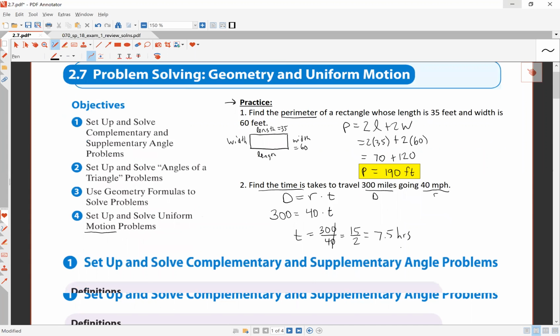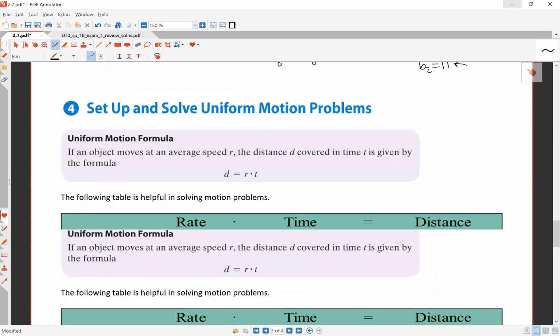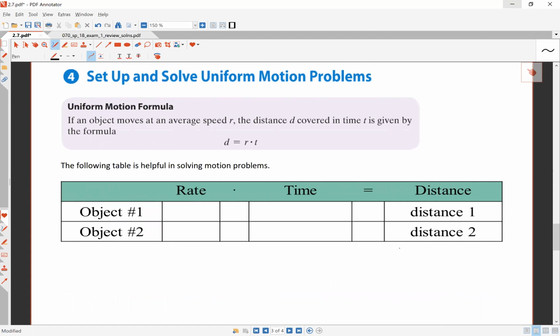So this will be the formula that we always write down anytime we see a uniform motion problem. Uniform motion formula: if an object moves at an average speed, r, that's your rate, the distance d covered in time t is given by the formula distance equals rate times time.